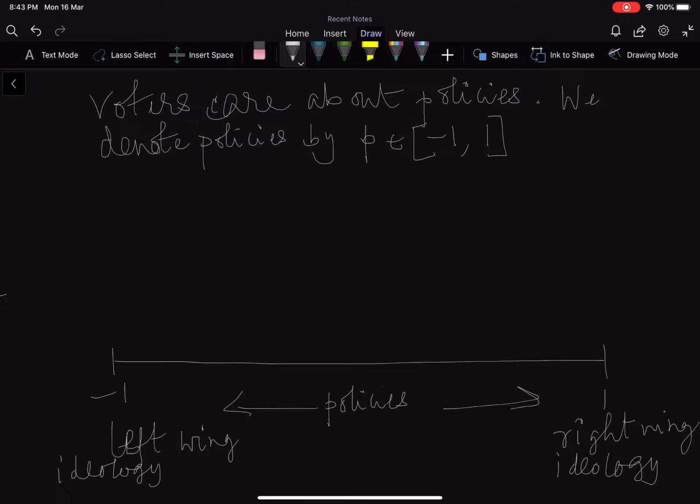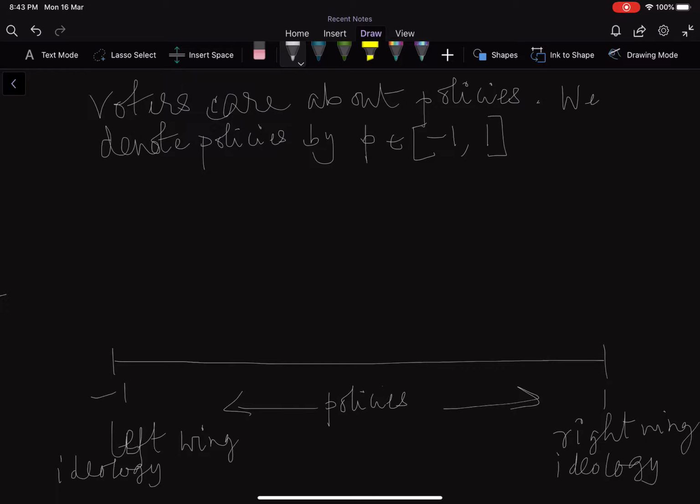Okay, now voters have a favorite policy, okay, on this line between -1 and 1. So some voters are say 0, so their favorite policy is 0, in the sense that they are centrist. Some voters are say 0.2, so they are a little bit right wing, okay. Some voters are 0.5, they are more right wing. Some voters are minus 0.2, okay.